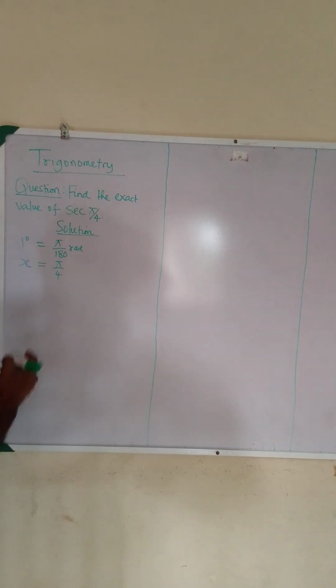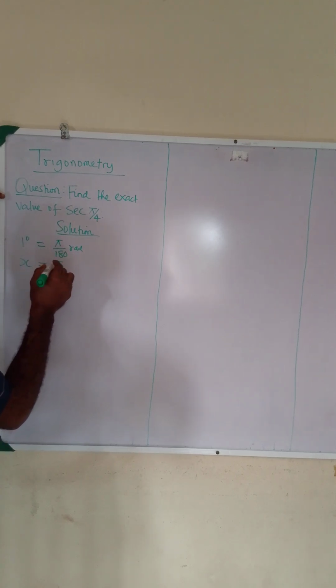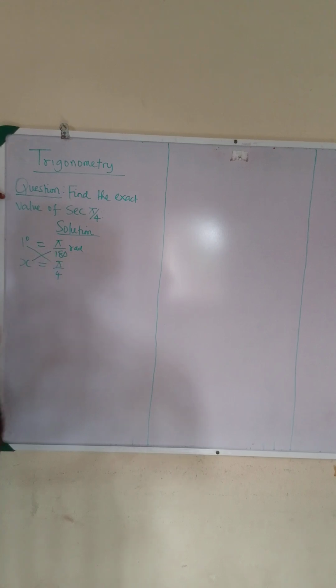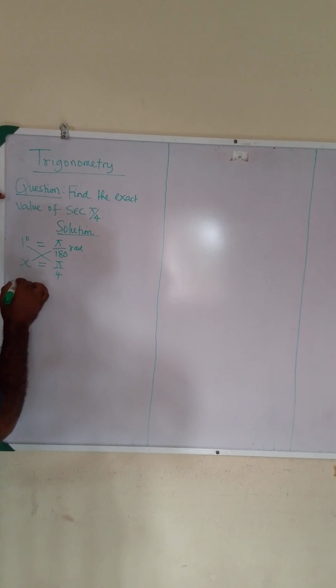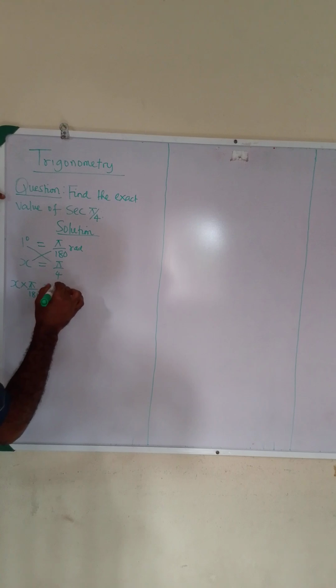That's what we are considering. So if we cross multiply at this point, I'll say this multiplying this and this multiplying this.